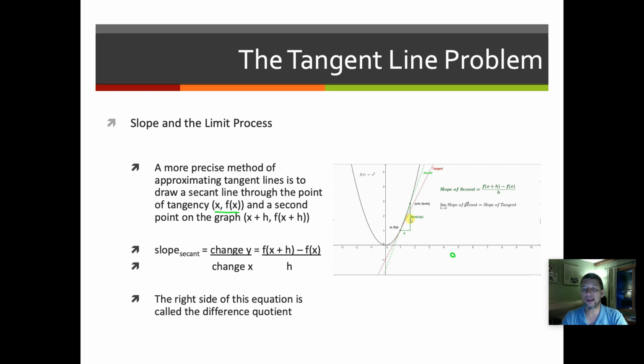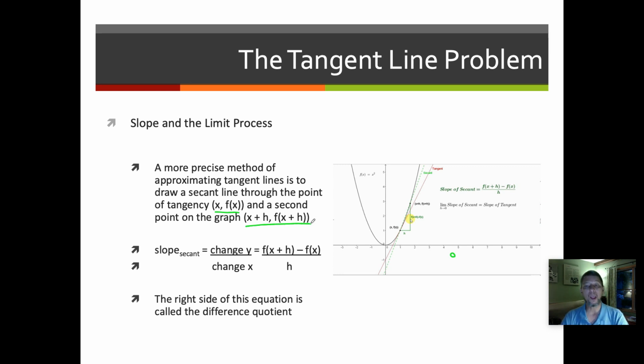And then there's a green dotted line, which is the secant. It also passes through x, comma f of x, but it passes at a second point on the curve at x plus h, comma f of x plus h. So these are the two points: x, f of x and x plus h, f of x plus h.